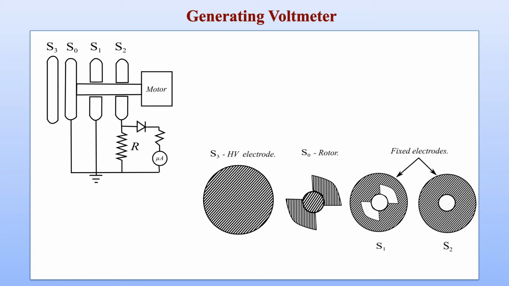Let us take a closer look at the various elements of generating voltmeter. As the name itself suggests, this voltmeter has the advantage that it does not draw any power from the source from which we want to measure high DC voltage.